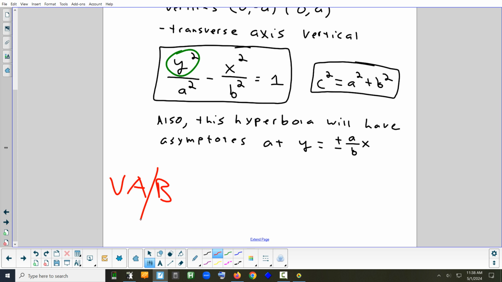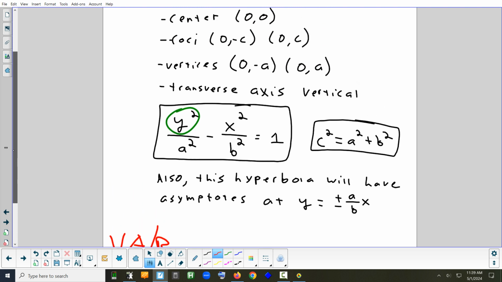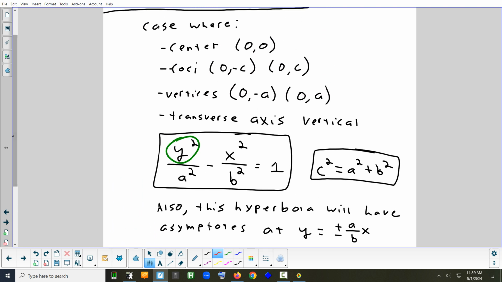Vertical is a over b. Any questions on any of those pieces of information before we look at some examples?